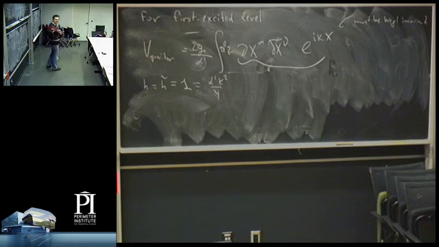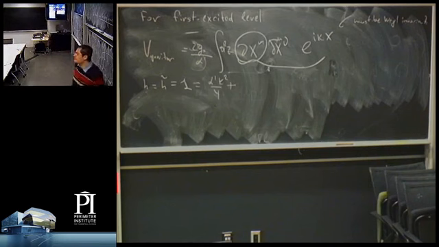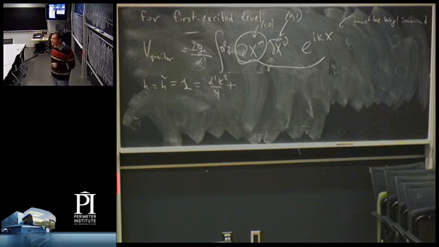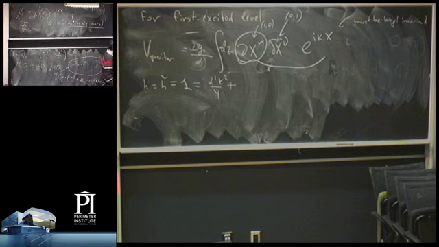And so the unitarity of the S matrix is what fixes this factor of 2. Alpha prime is there because X carries space-time dimensions of length. But where this factor of 2 comes from is not clear. I'm saying that if you impose the unitarity of the S matrix, then that factor of 2 will come out. And this is provided that I have a freedom in how I normalize my tachyon vertex operator. So for this particular normalization of the tachyon vertex operator, this is the right normalization of the vertex operator for the first excited state.